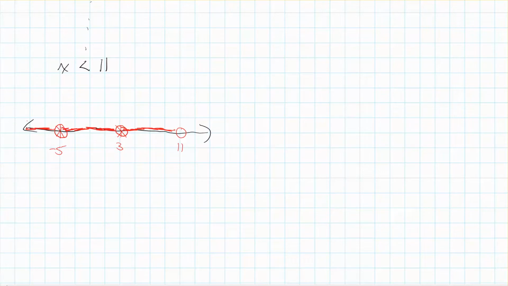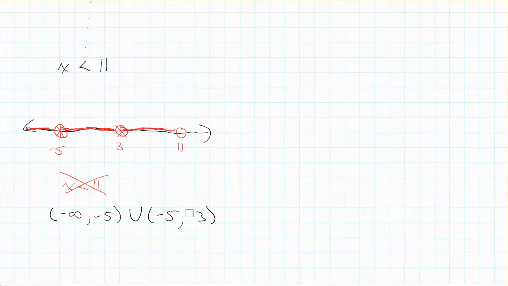Now writing this as inequalities would be kind of challenging. The answer is not x less than 11. If you were to write x less than 11, you would actually be wrong because you have to exclude these points 3 and negative 5. But we could fairly easily write this in interval notation as negative infinity to negative 5 unioned with negative 5 to negative 3, not negative 3, positive 3.